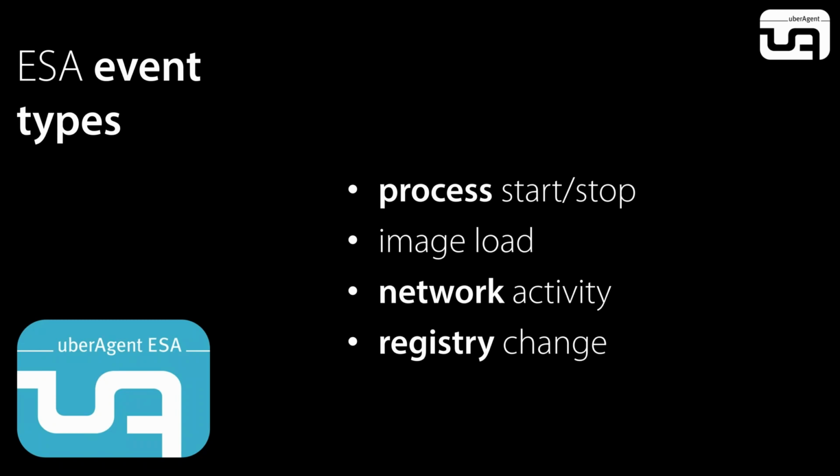And finally, one of the event types we support today is when something happens in the registry, if a certain key is created, or a certain value is created, changed, and so on. We're quite extensive with the types of events that we support. You can be quite specific if you want to.